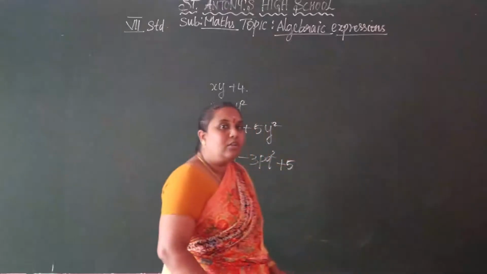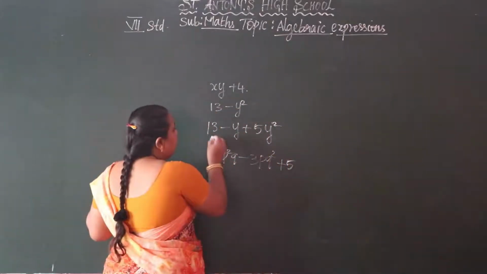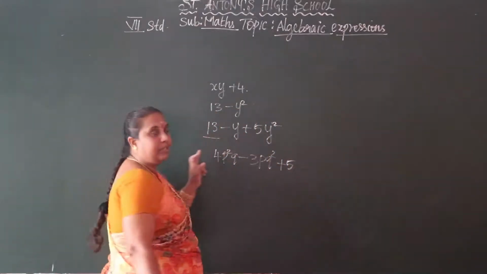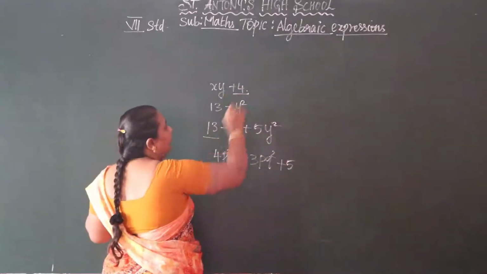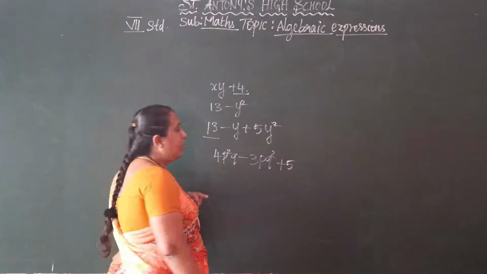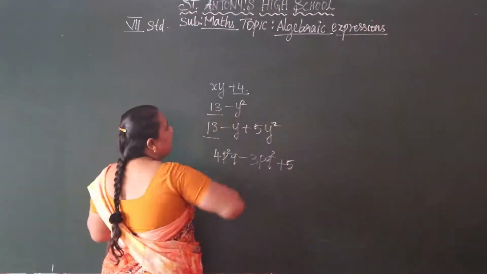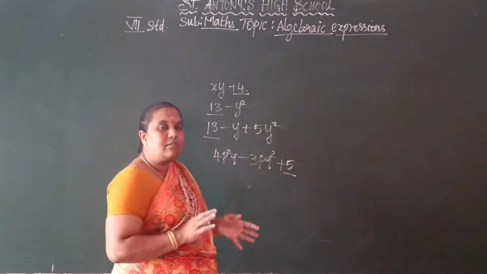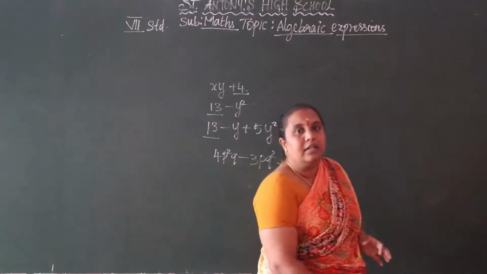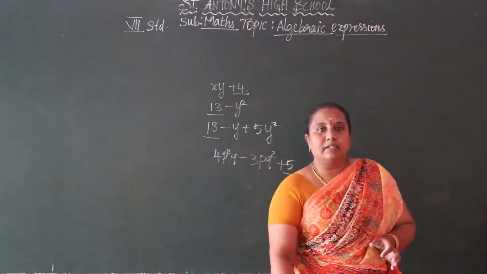Non-constant terms means, see, here 13 is a constant. In xy plus 4, 4 is a constant. Here 13 is a constant. Here 5 is a constant. So non-constant means we leave out the constant terms.